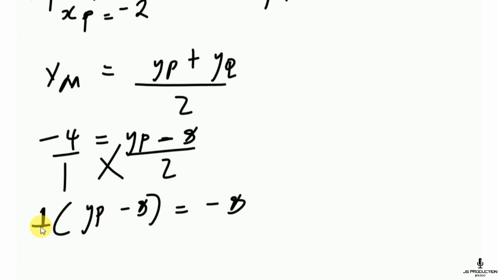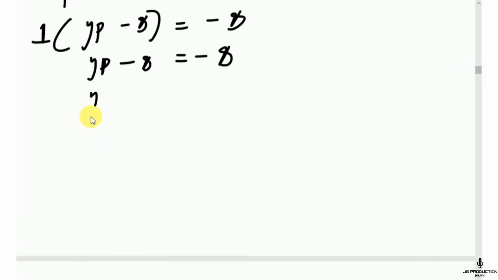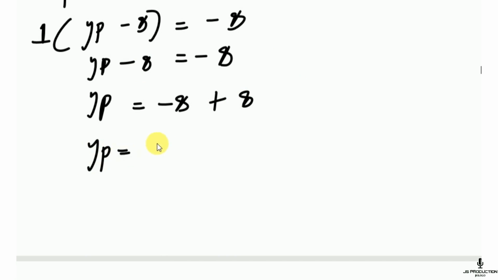So 1 multiplied by yp is yp, minus 1 multiplied by 8 is 8, equal to negative 8. And from that we can collect the like terms. yp is equal to negative 8 plus, when negative 8 goes to the other side, it becomes positive, so plus 8. So yp is equal to 0.